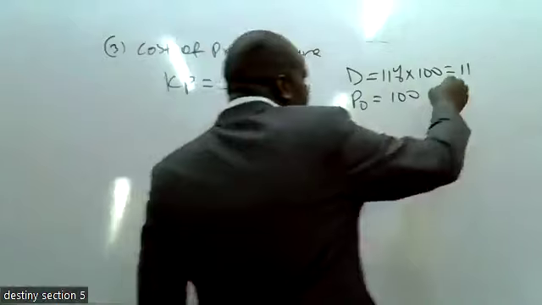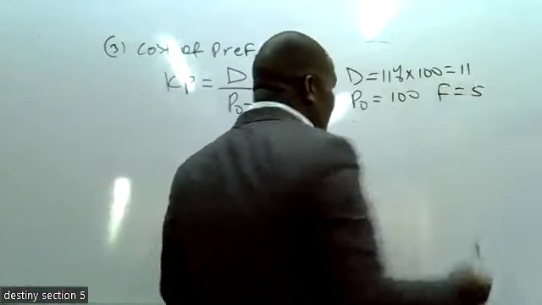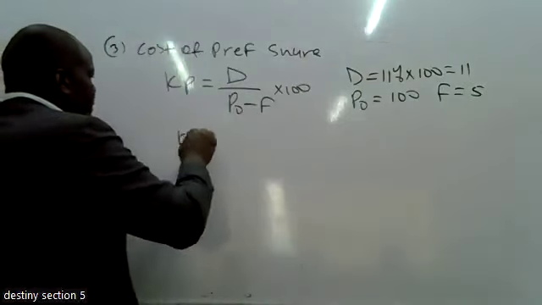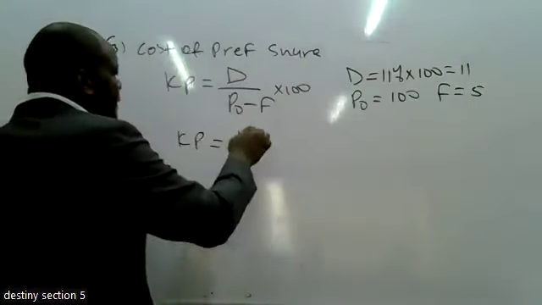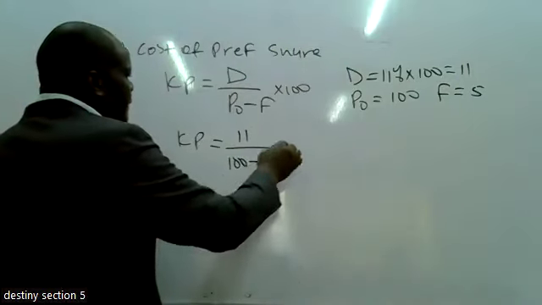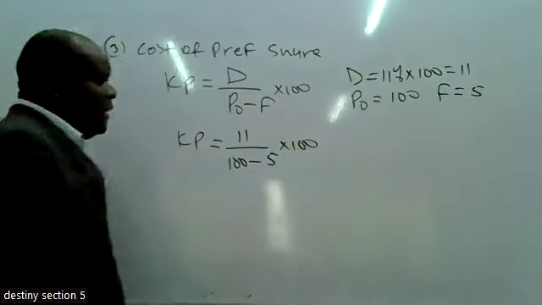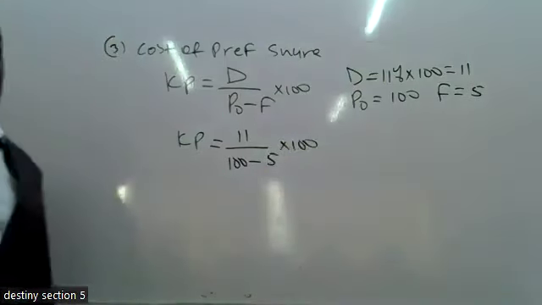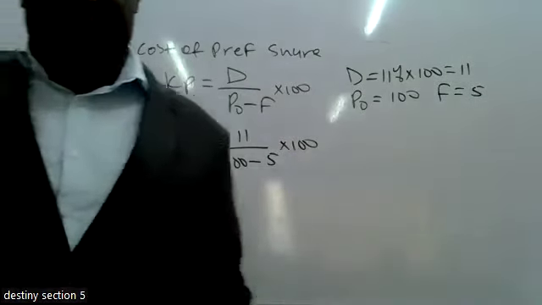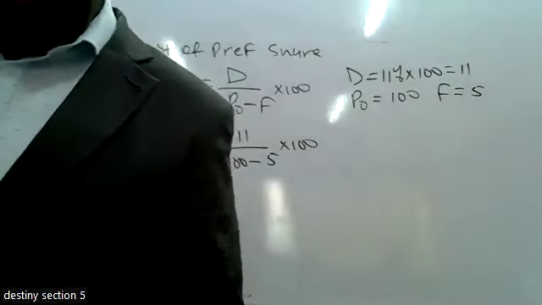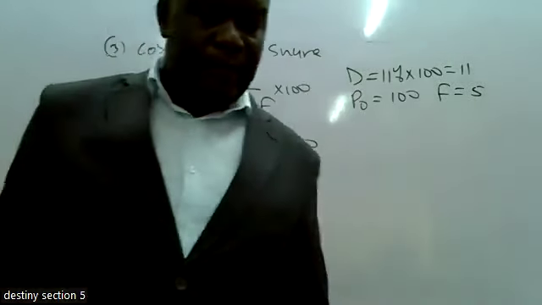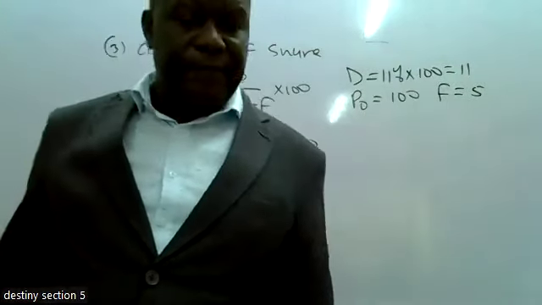Then F was given as 5 shillings. So now our KB simply gets 11 divided by 100 minus 5. Express that value as a percentage.